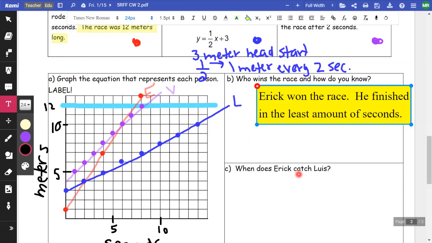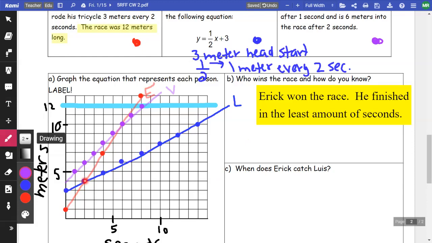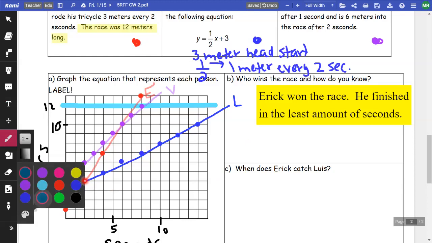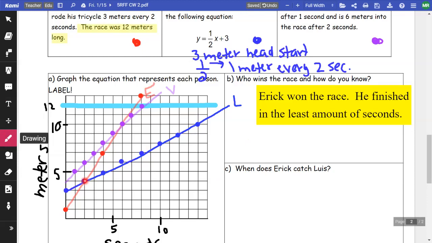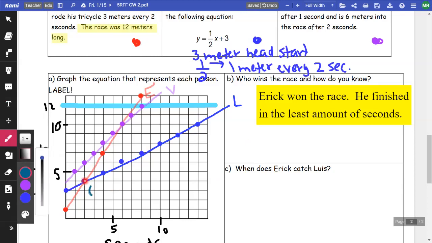When does Eric catch Luis? Okay, so here's Eric, and when does Eric catch Luis? Right here at this point. Okay, and this point, let me write it. Okay, so this point is at, let me get a little darker, sorry, 2 comma 4, but they want when.